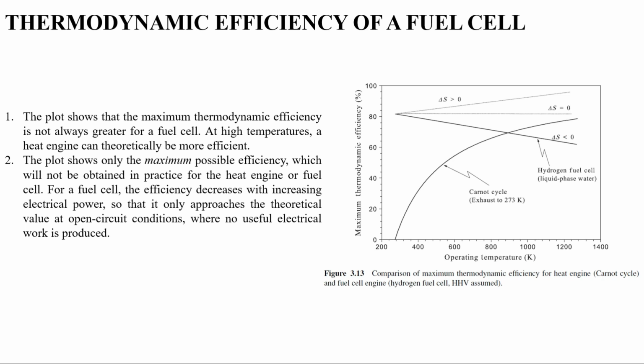We know that at open circuit condition there is no current draw, so that's why there is no electrical power available at open circuit condition. At open circuit condition, the fuel cell will be considered to be highly efficient, but as we draw current from the fuel cell, the efficiency of the fuel cell decreases.